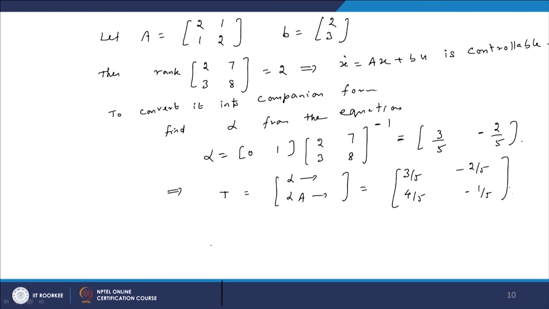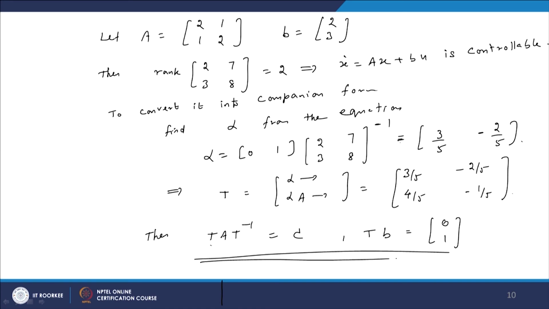Then we can obtain this T A T inverse. If you multiply, we will get the C matrix and T into B, we will get 0 1 in the companion form of the expression.